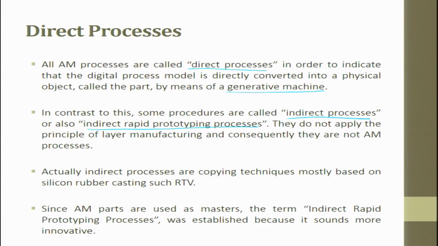They do not apply the principle of layered manufacturing, and consequently they are not additive manufacturing processes. Actually, indirect processes are copying techniques mostly based on silicone rubber casting such as RTV. So, they are called indirect processes.